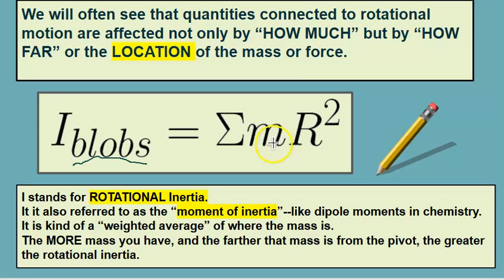Think of it like your chemistry models, those little white and red things that you make chemistry models with, those are your blobs. Each of those masses, just straight out mass in kilograms, doesn't have direction, is a distance r away from the pivot. The pivot being the girl's hand in the video.